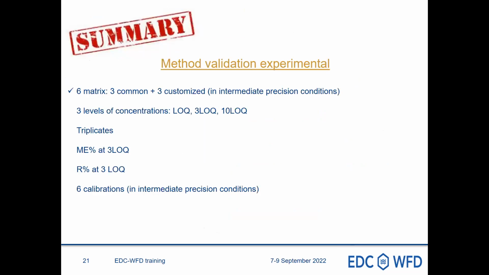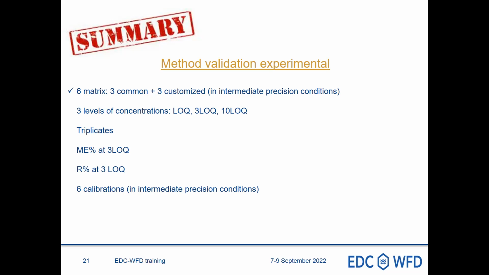So just a summary, our method validation experimental design was 6 matrices, 3 common plus 3 customized. All these analyses were made in intermediate precision conditions. 3 levels of concentration were tested for each matrix: LOQ, 3 LOQ, 10 LOQ.